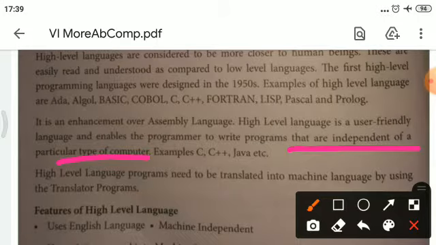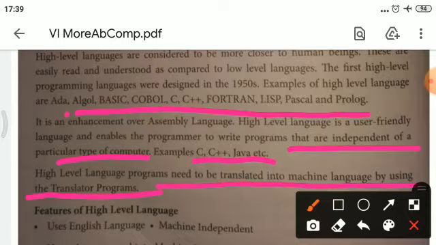Examples of high level languages are given above. Okay, students, and here also again C++ and Java. High level language programs need to be translated into the machine language by using translator programs.